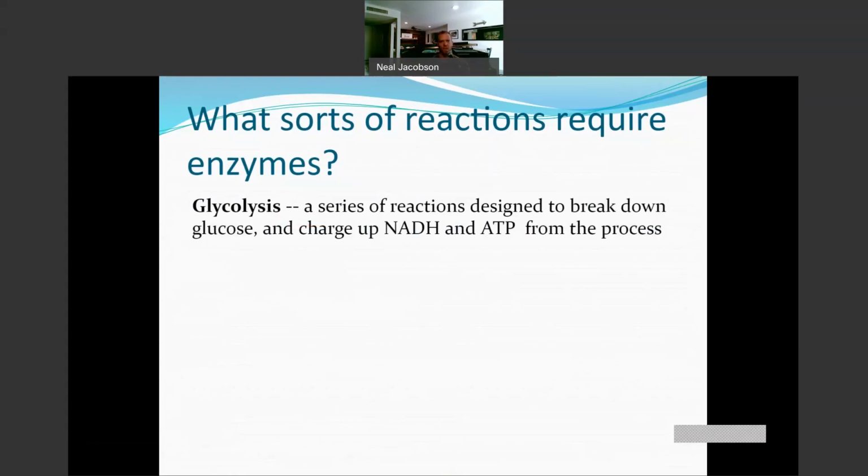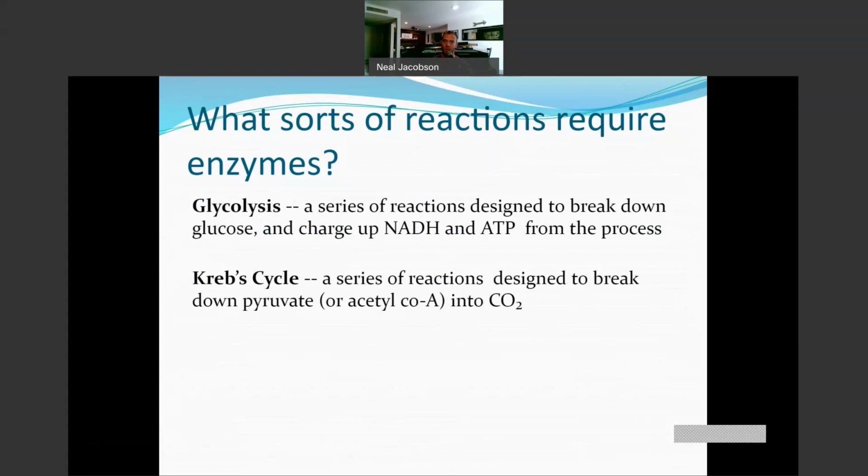So nicotinamide adenine dinucleotide and adenosine triphosphate are charged up from the breakdown of glucose in a process called glycolysis. Then you have the Krebs cycle, another series of reactions that takes the byproduct of glycolysis. What you're left with after glycolysis is done goes into the Krebs cycle as pyruvate, or it's converted to acetyl coenzyme A inside the mitochondria.